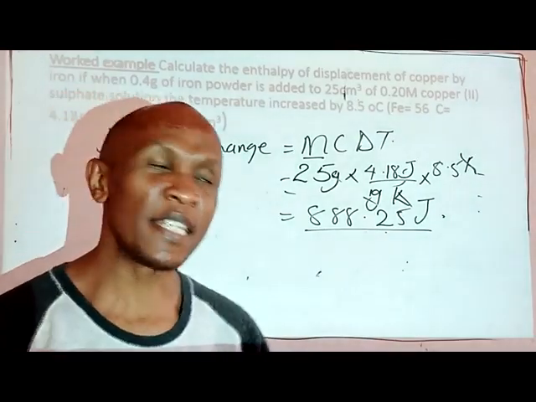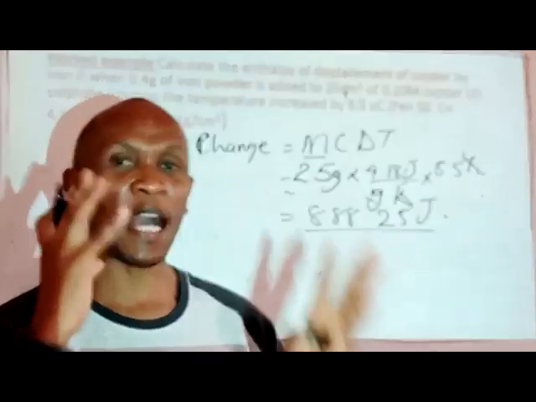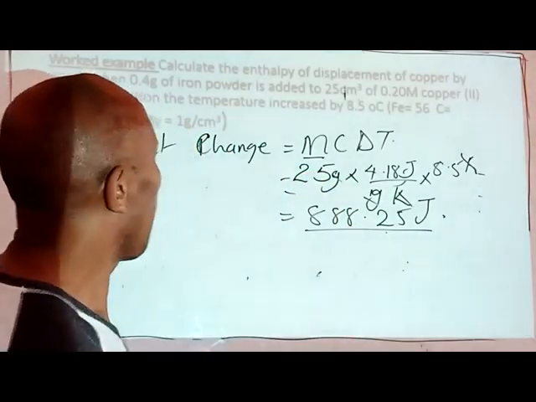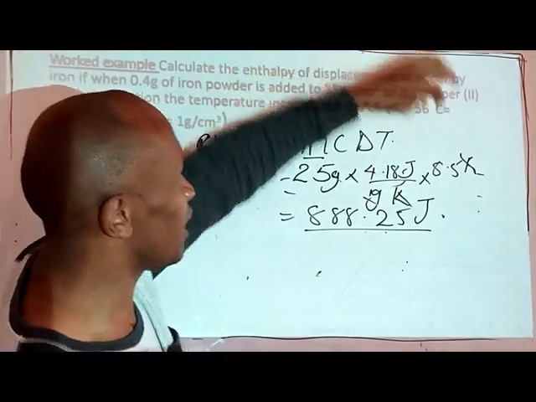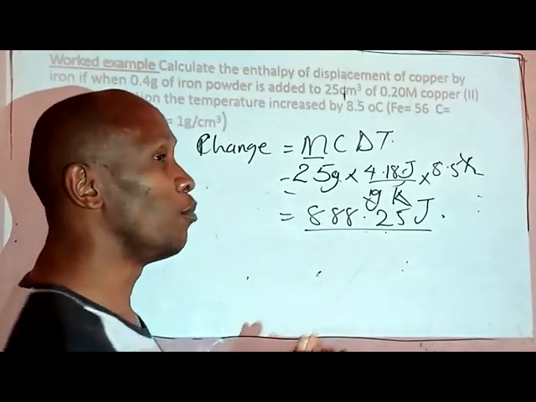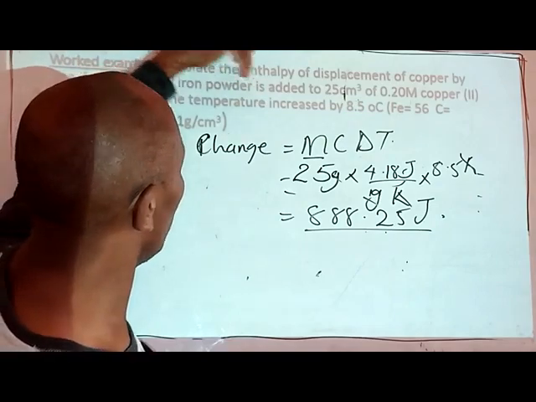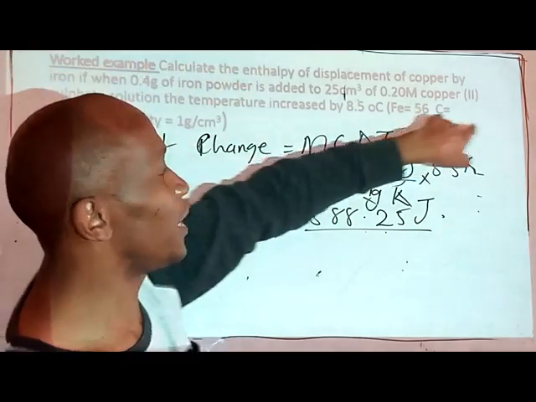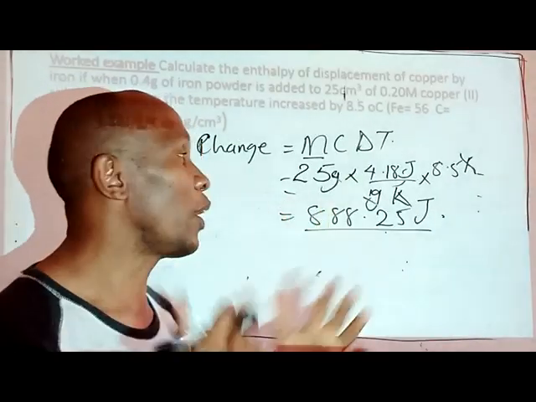What is the second step? The second step will be to get the amount of substance that is reacting. And I have two options. I can use the 25 cubic centimeters of 0.2 molar copper sulfate to get the number of moles of copper ions, or I can use the 0.4 grams of iron to get the number of moles of iron. Now the question is, which one do I use?